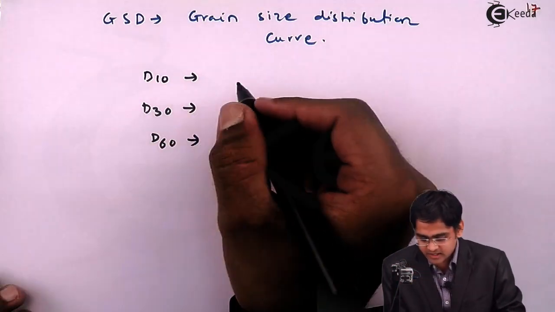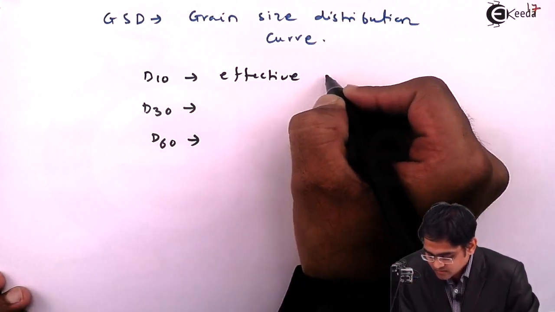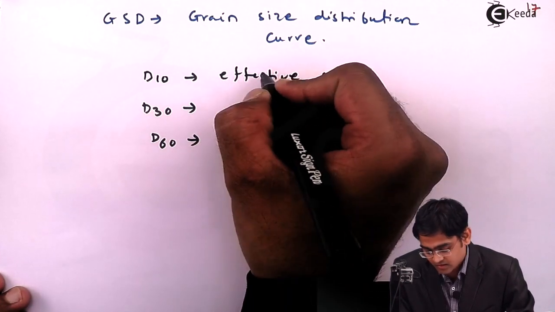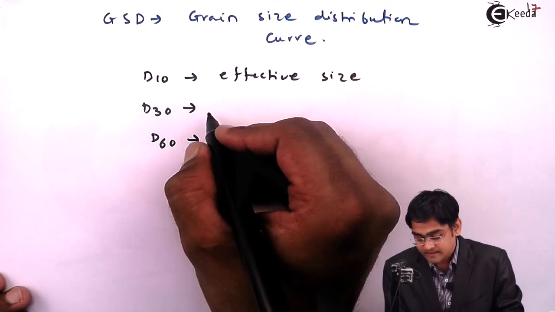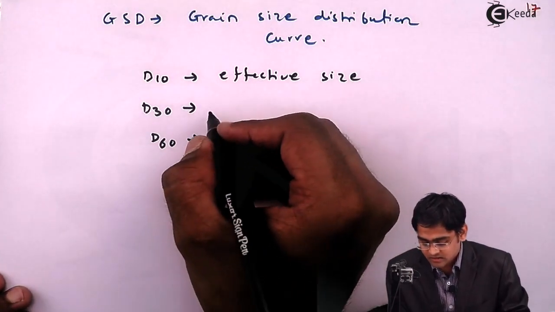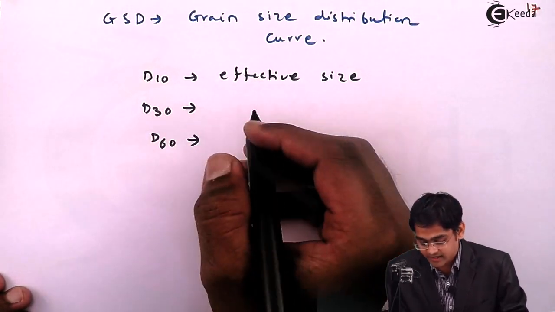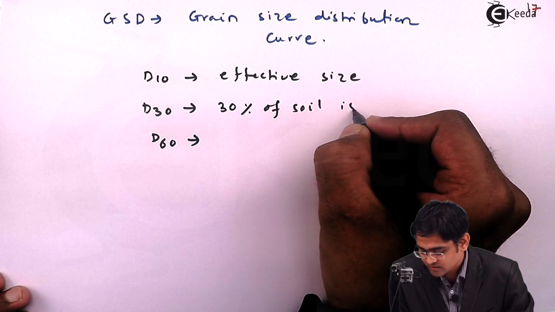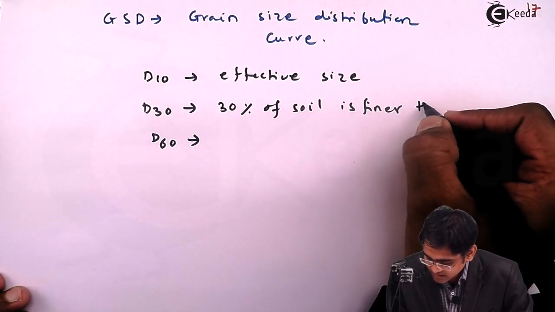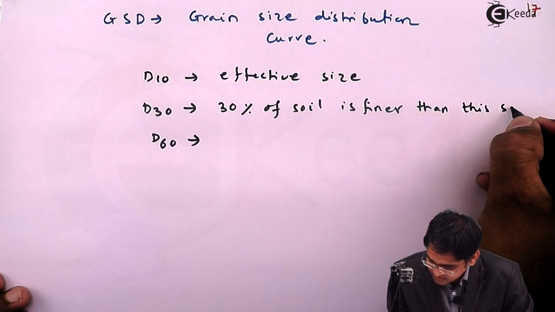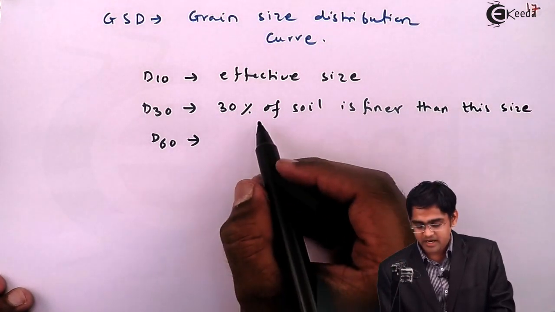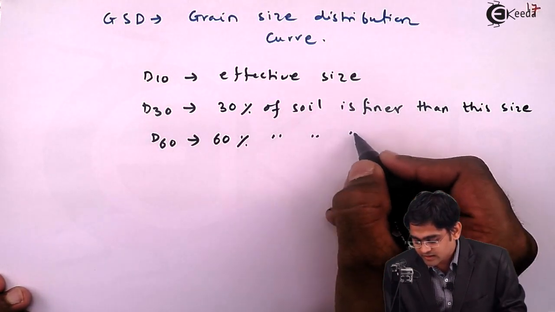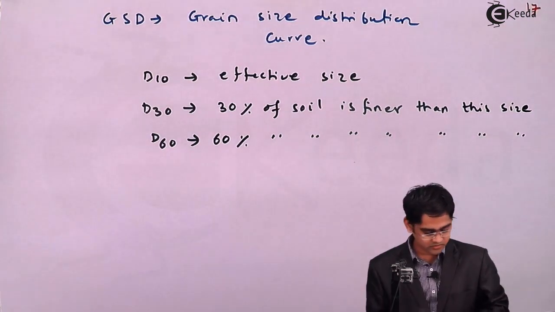Remember, D10 is nothing but your effective size, and D30 is the size below which there are 30% fines. So 30% of soil is finer than this size. Similarly for D60, 60% of the soil is finer than this size. All the meaning is the same.